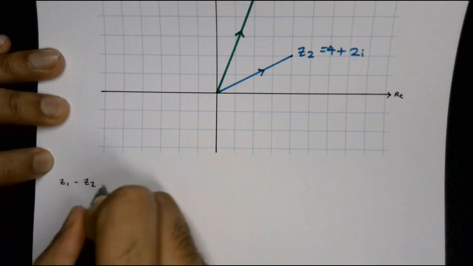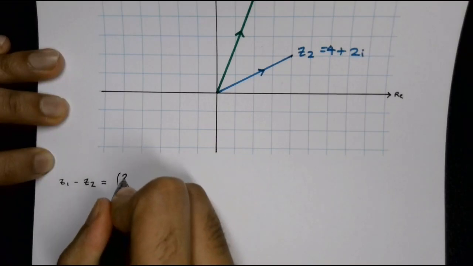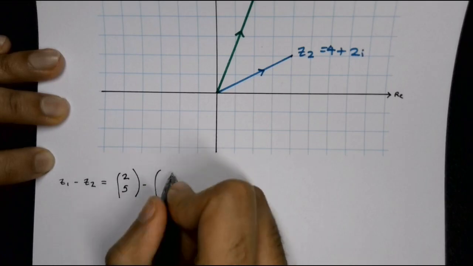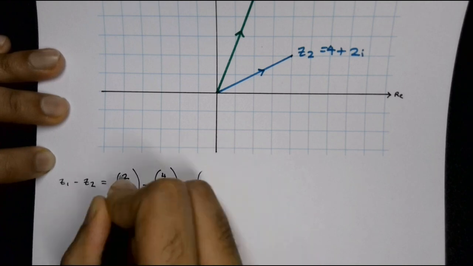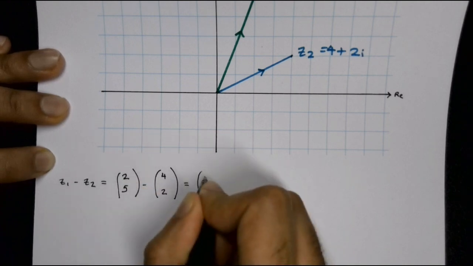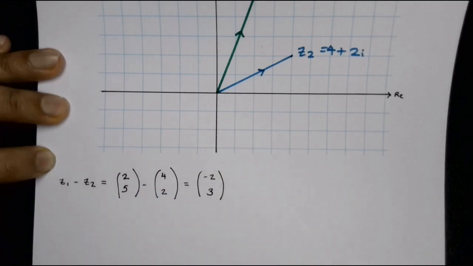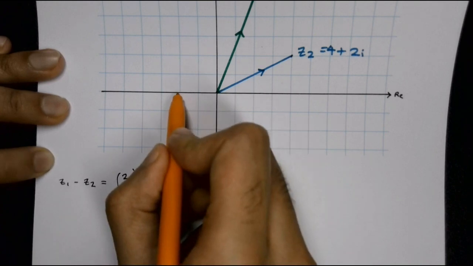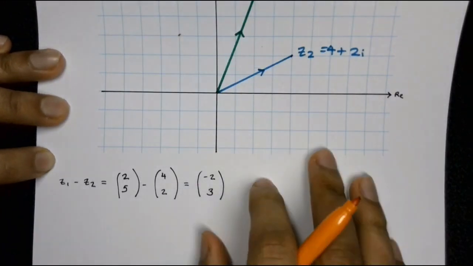z1 minus z2, we have over here z1 as a vector, (2, 5), minus z2 as a vector, (4, 2). So here we have 2 minus 4, which is minus 2. 5 minus 2, that's 3. So the vector z1 minus z2, that's minus 2 along the real axis, 3 up the imaginary axis.